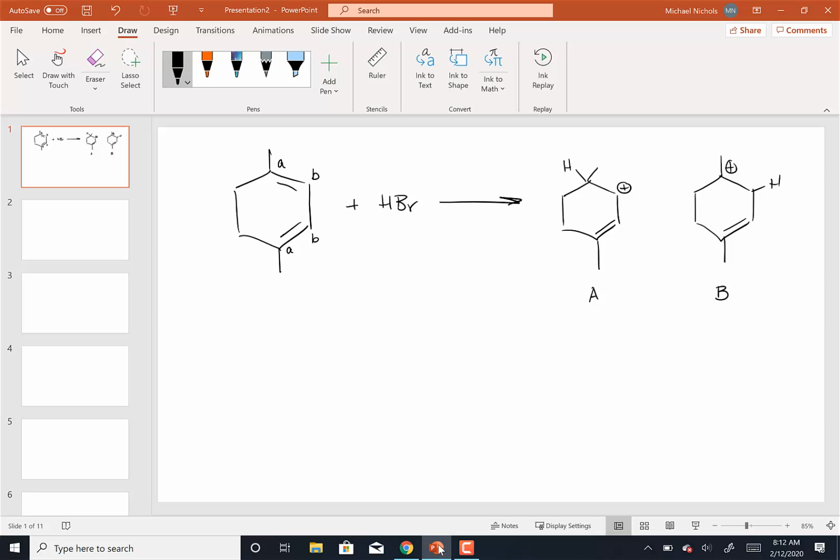What's the case for drawing structure A? It makes an allylic carbocation. Okay, it makes an allylic carbocation. What's the case for B? That's a 3 prime. It makes a tertiary carbocation.